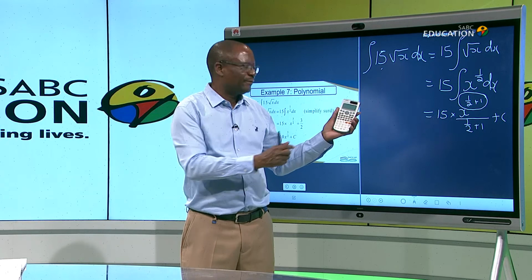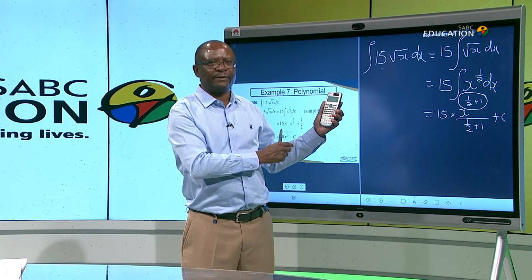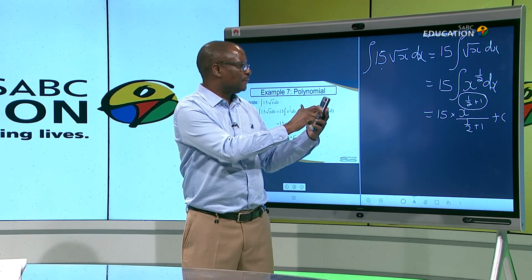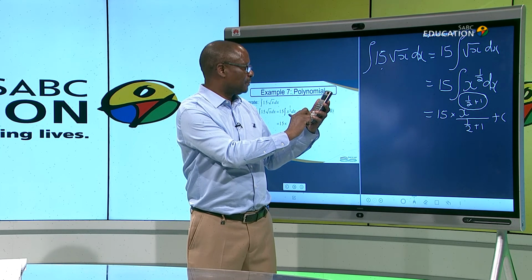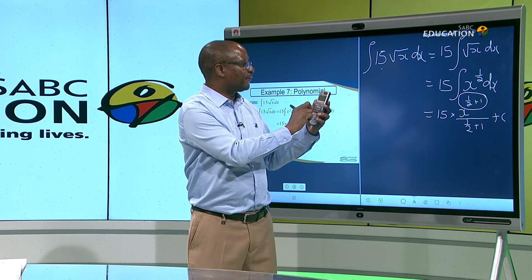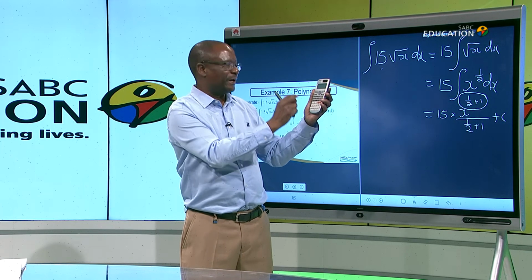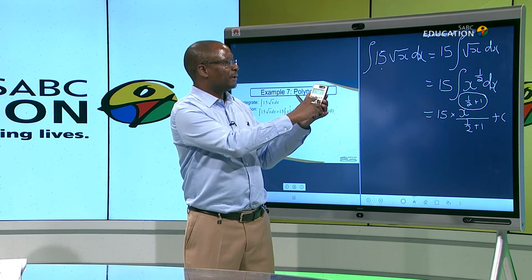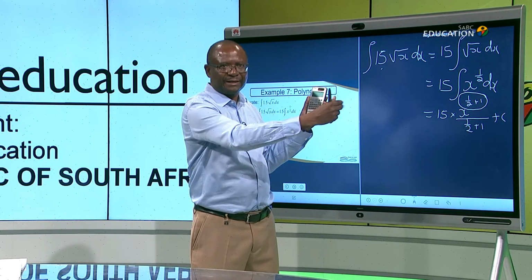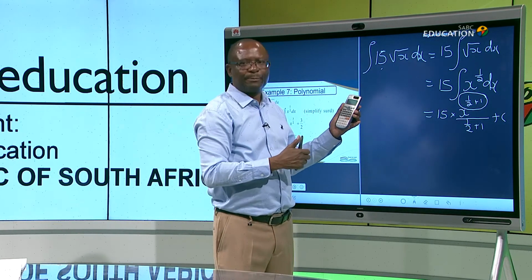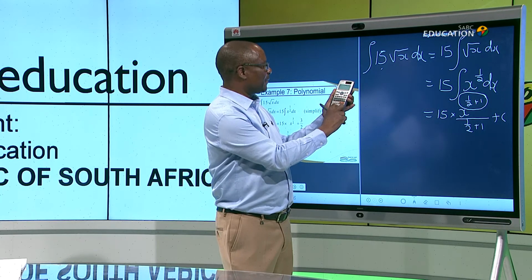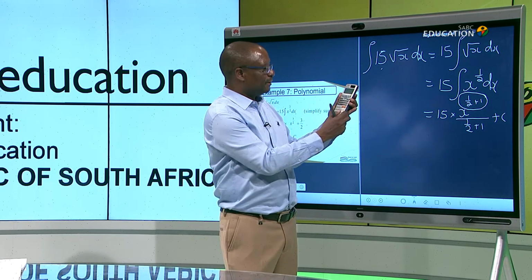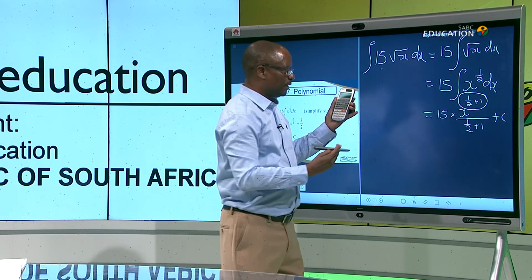firstly, it's half, so you press the fraction button, where on your numerator there is 1, on your denominator it's 2, then you press the forward button, now you say plus 1 equals 3 over 2.